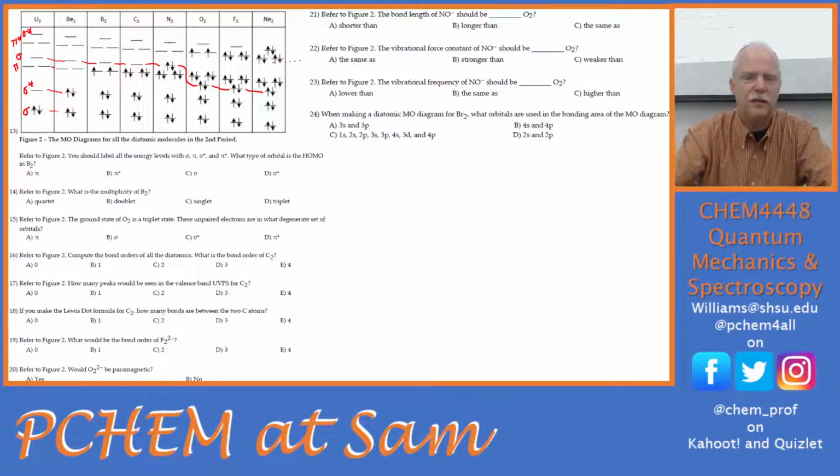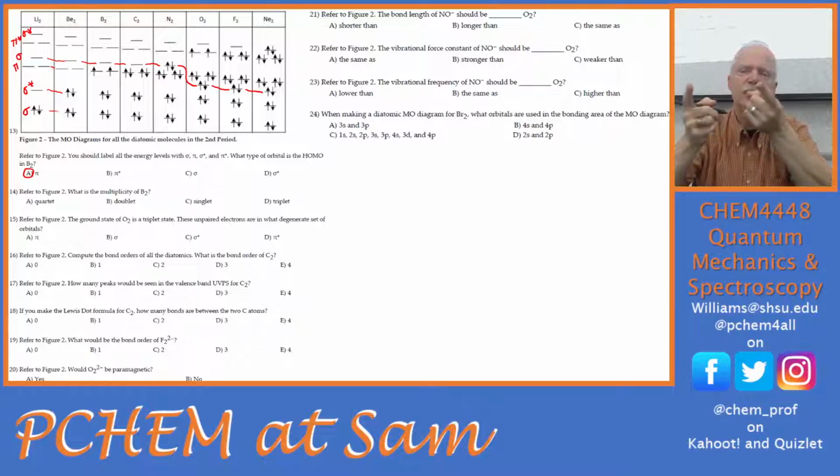Okay, so now we can ask questions about our figure. What type of orbital is the highest occupied molecular orbital in B2? So here's B2. We come up, we see those electrons. Those are in a pi bonding orbital. Okay. So that's going to be pi. What is the multiplicity of B2? We see here that we have 2 unpaired electrons.